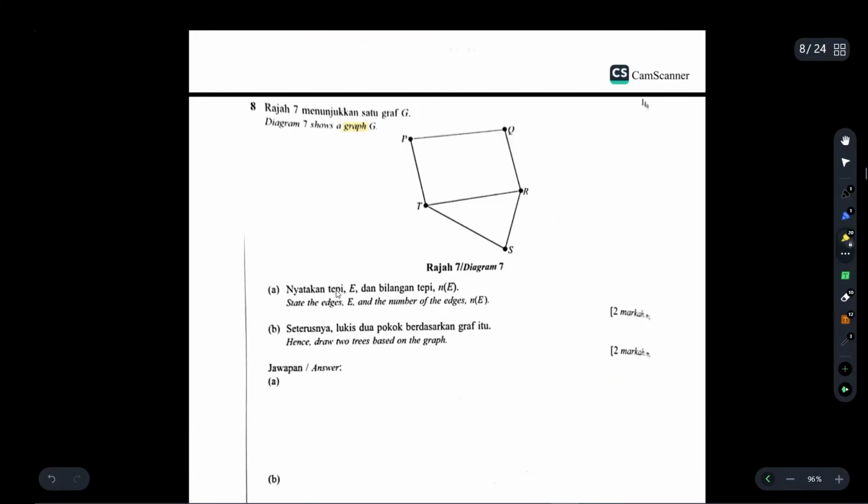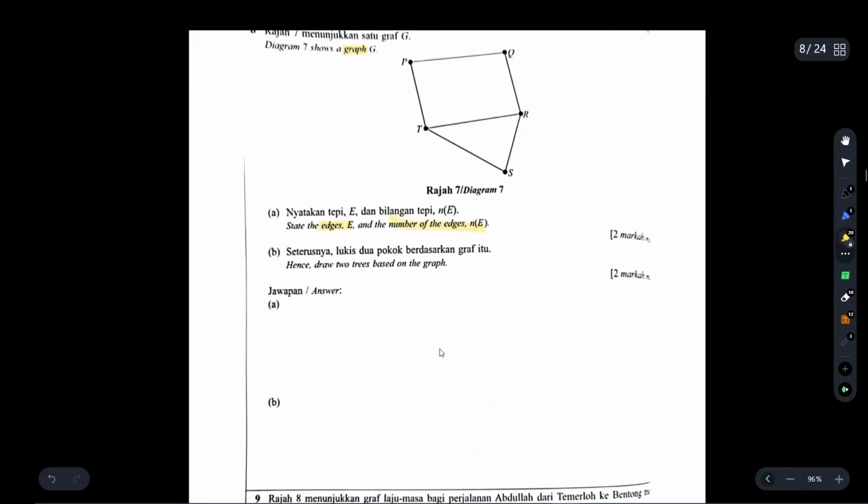Okay, so we have to state the edges and the number of edges. If you want to state the edges, we have to write it like this. I don't know what this symbol is called, I'll just call it a curly bracket.